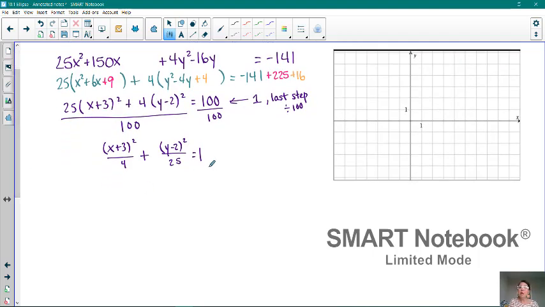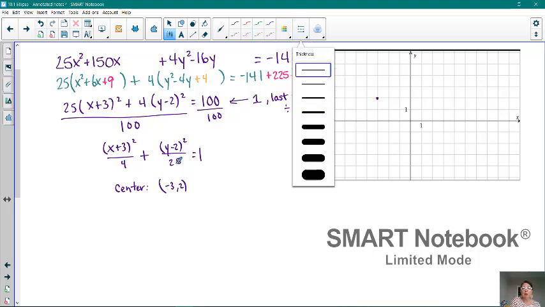All right, now we're in graphing form. Now we're ready to identify the key pieces of information. The center would be at negative 3, 2. I know you said it before I did, I can just tell. 1, 2, 3, 1, 2. So there's my center. Now, remember, I'm not worried about who's A and who's B. In my world, I just go left and right, up and down.